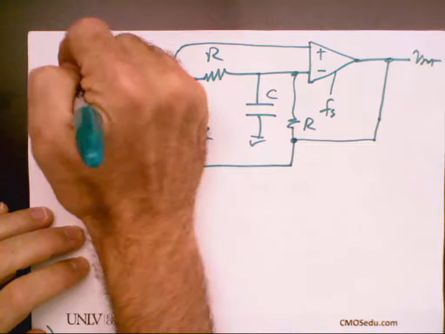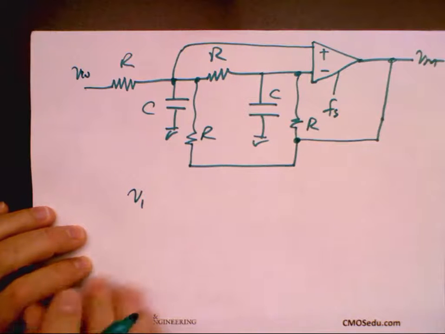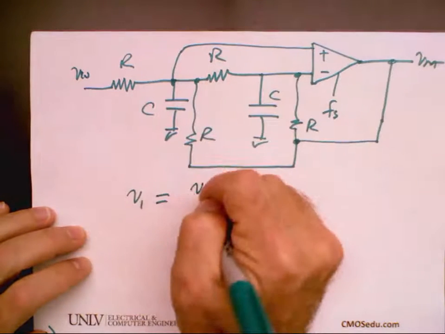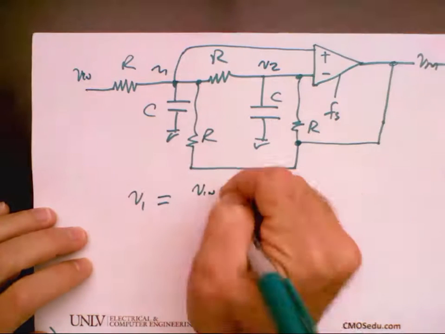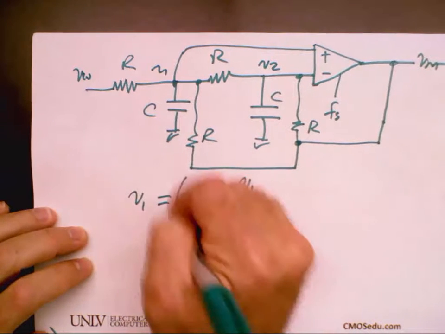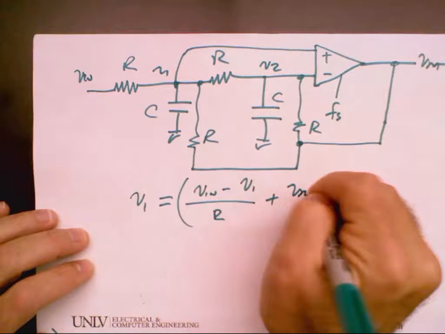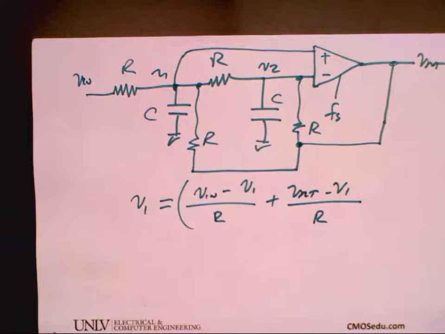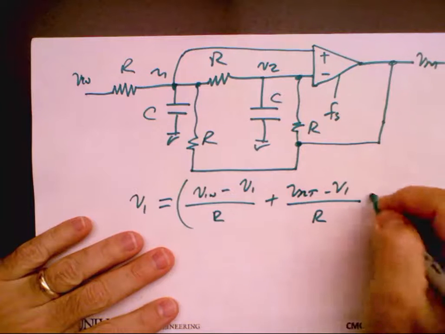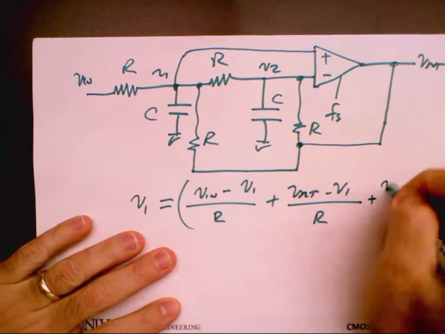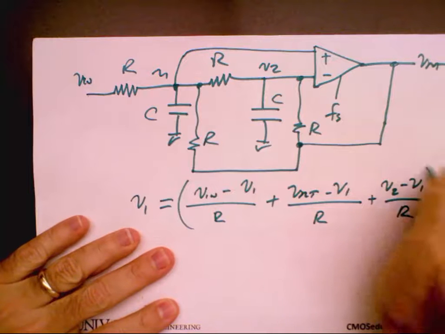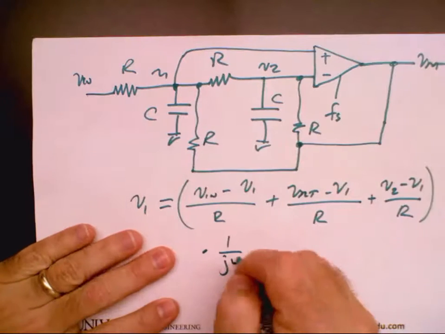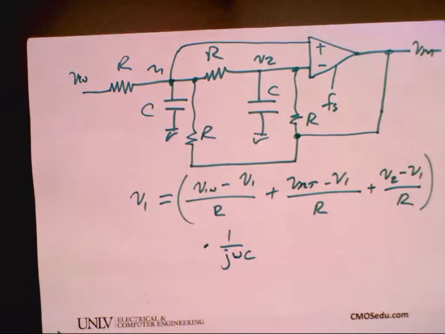Okay, so here's Vn, and I can write V1 is equal to the total currents that go into that node, which is Vn, so this is V1, V2 minus V1 over R, and then going in here is plus V out minus V1 over R, plus or minus, but we'll put it as plus, V2 minus V1 over R times, so that's the total current times the current that leaves through here, which is 1 over j omega C. Does anybody have any questions about that?